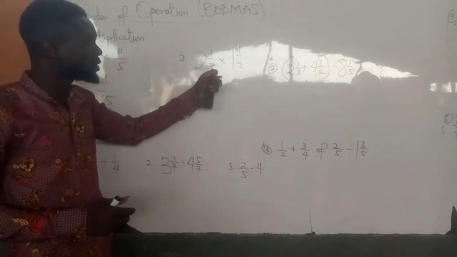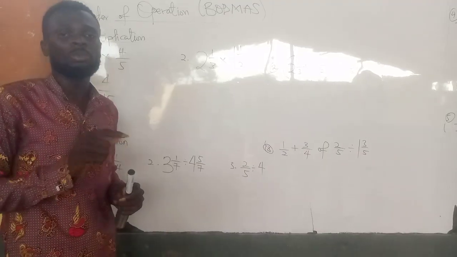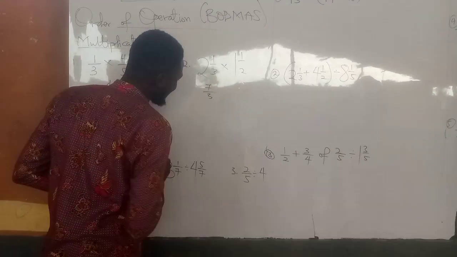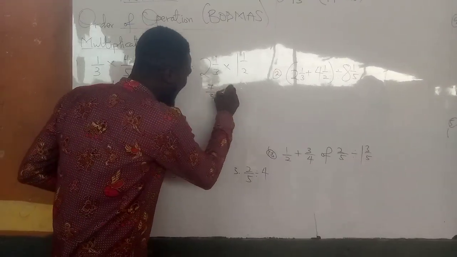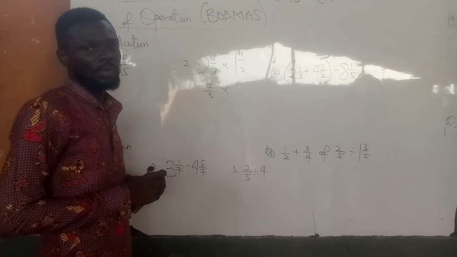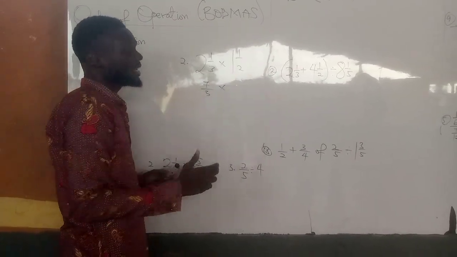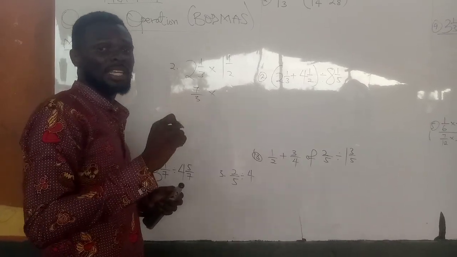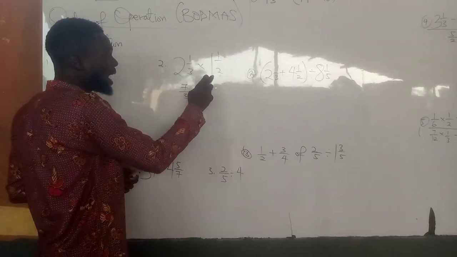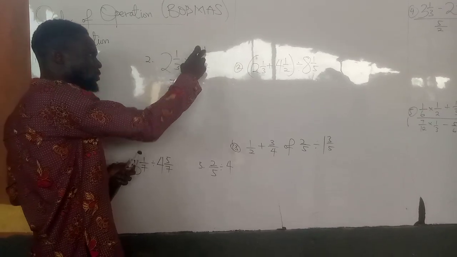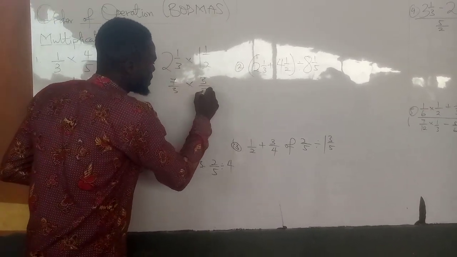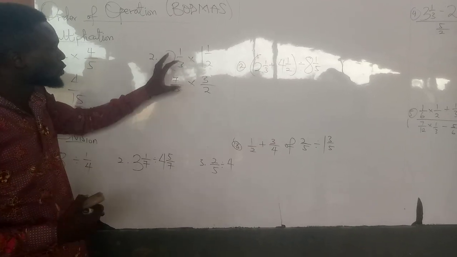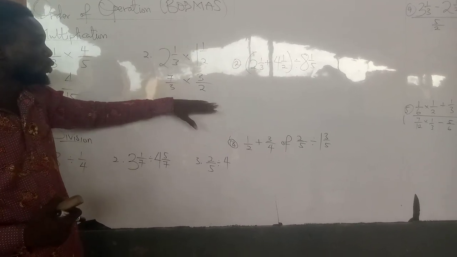So 2 times 3 is 6, plus the numerator 1, that is going to give you 7 over 3. Then you have times. Also convert this one into an improper fraction, since it is a mixed fraction. So 2 times 1 is 2, plus 1 is 3, which is over 2. So we've converted each mixed fraction to improper.